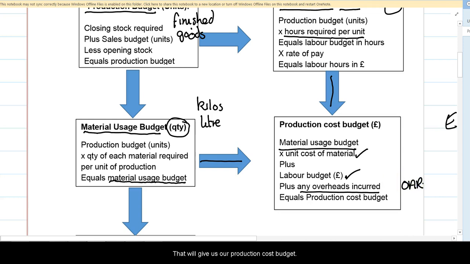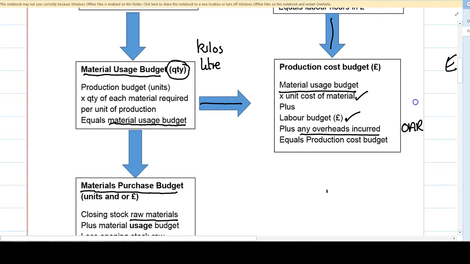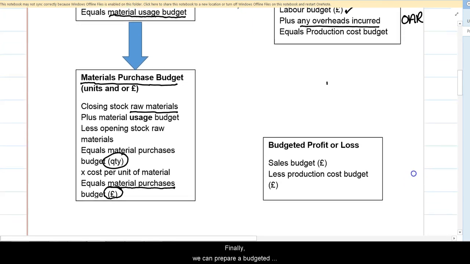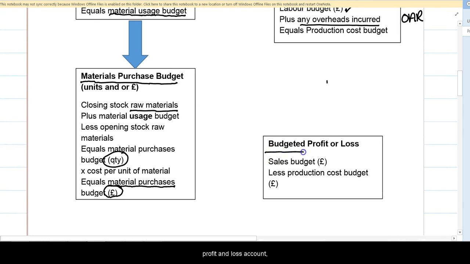And that will give us our production cost budget. Finally, we can prepare a budgeted profit and loss account, taking the sales budget from previously calculated, deducting our production cost budget.